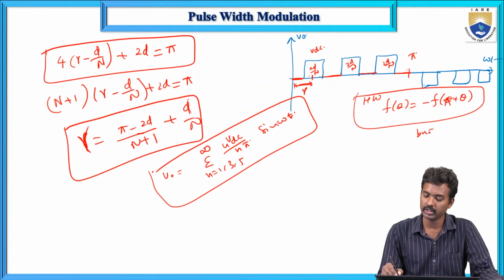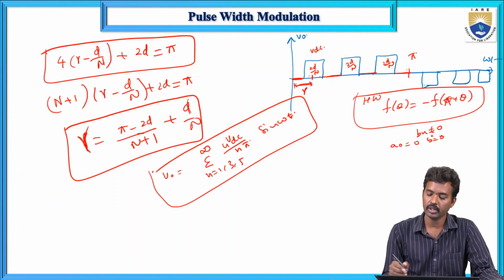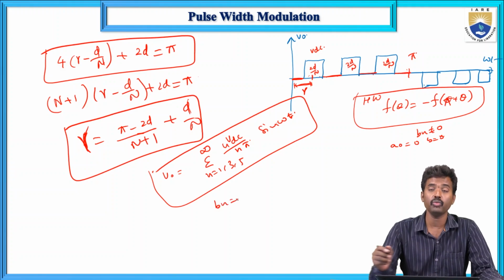In this case Bn is not equal to 0, while A naught equals 0 and B naught equals 0. Now what is the formula for Bn?